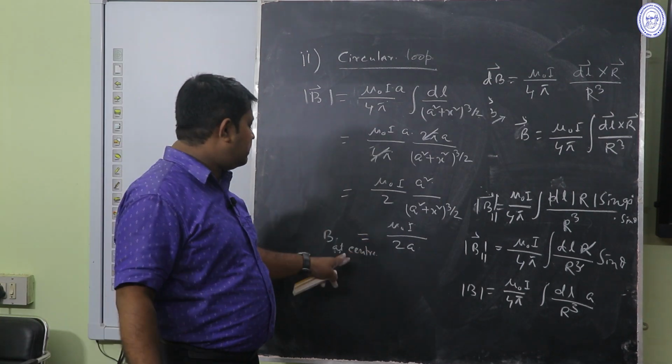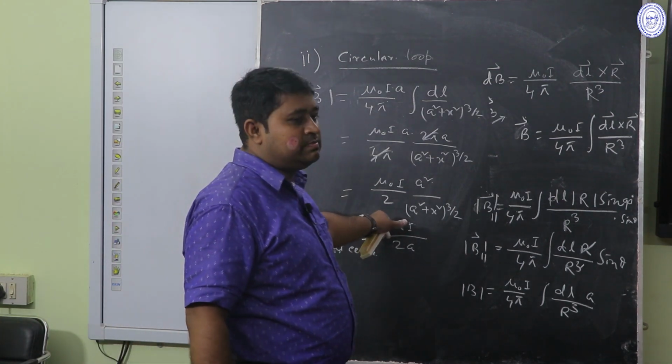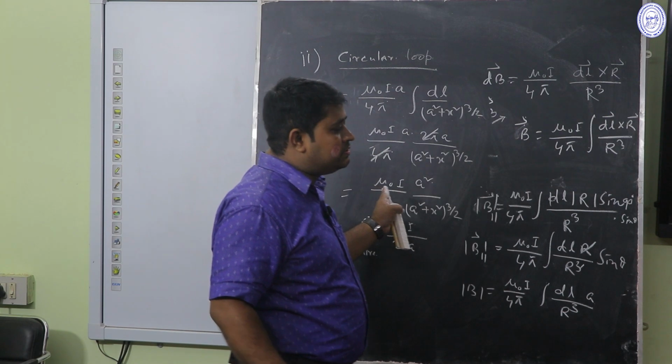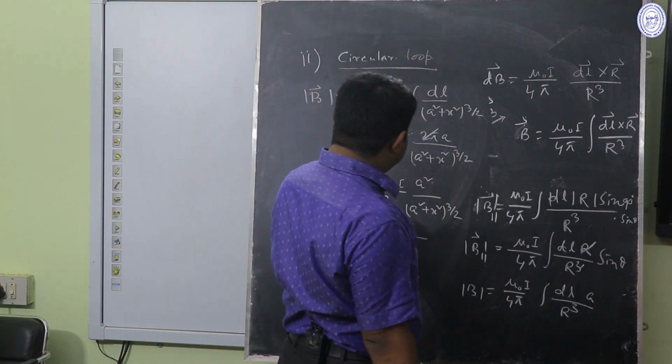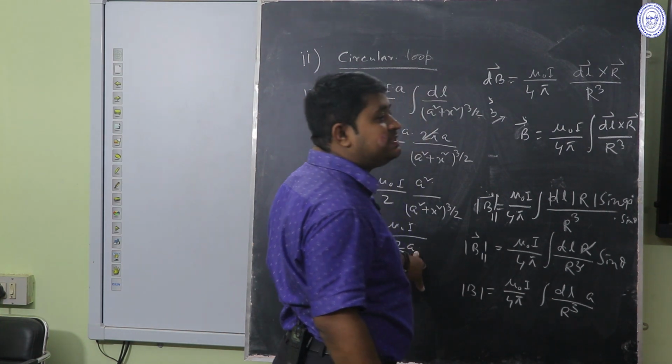Thus, it is seen that the magnetic field at the center is maximum and the magnetic field decreases with increasing distance.